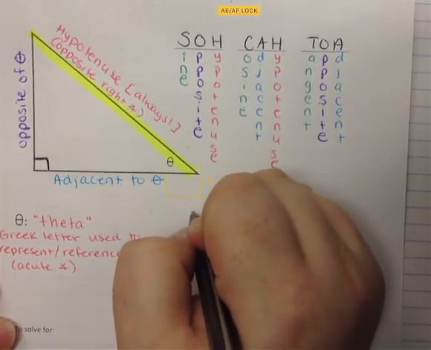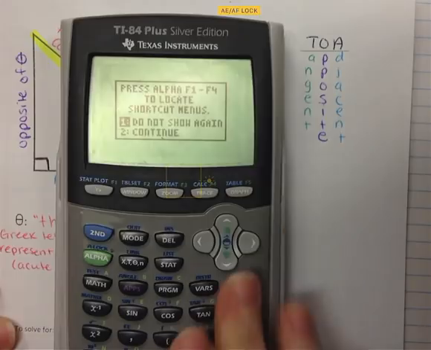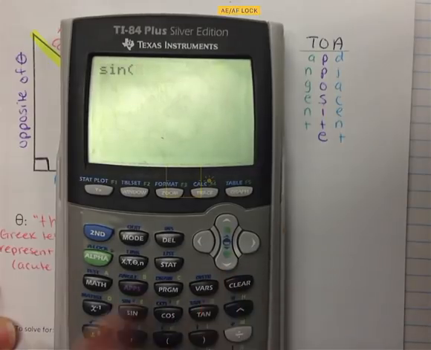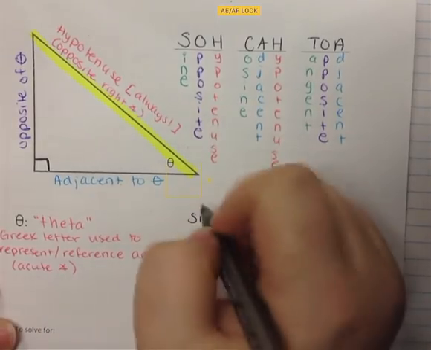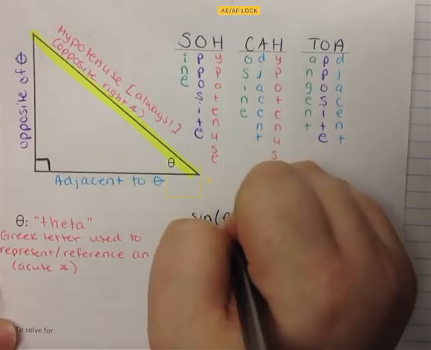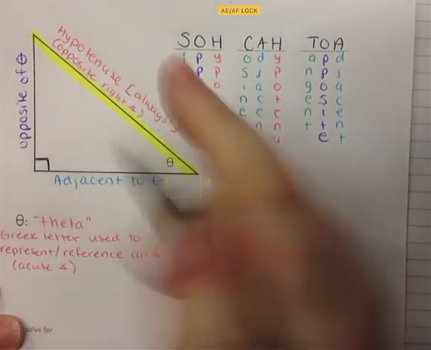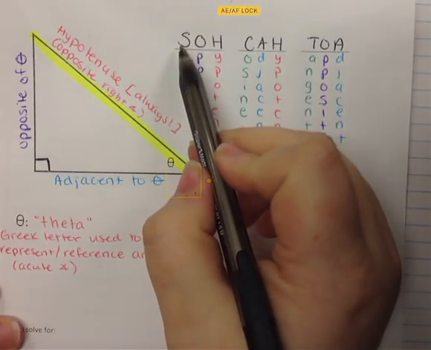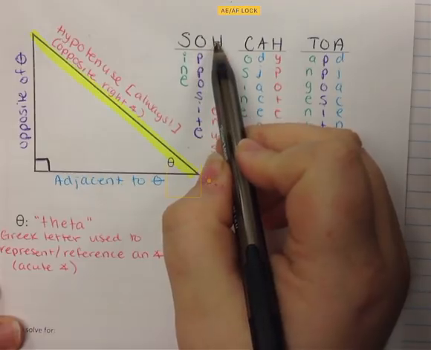Sine, if you type it in your calculator, if I press sine, it comes up with a parenthesis. S-I-N of. It'll be sine of theta is equal to. So the trig ratios, sine is a ratio, a fraction. It's the opposite over the hypotenuse.